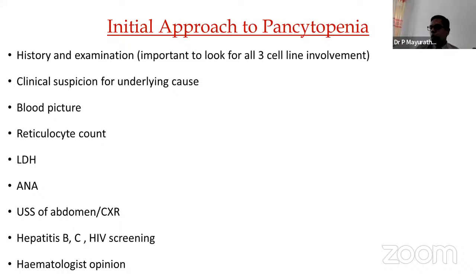Somebody who may have undergone GI surgeries, say for example, removing the colon, because the colonic microflora is the main source of folic acid in our body, and the other source is green leaves. Green leaves also have a lot of folic acid.